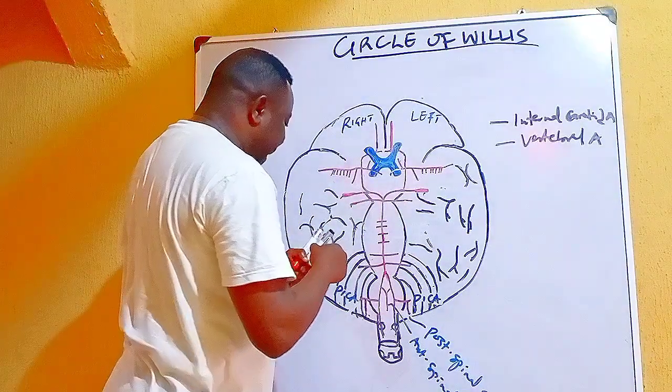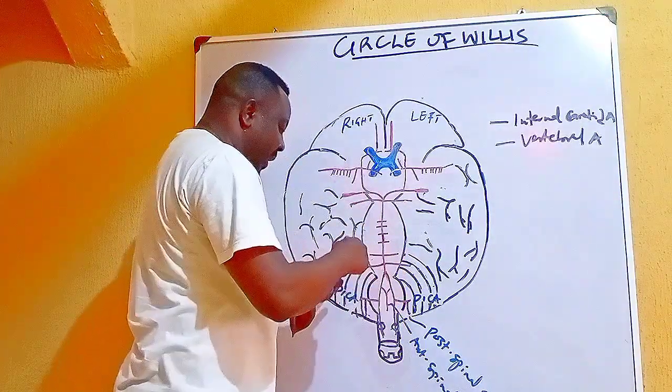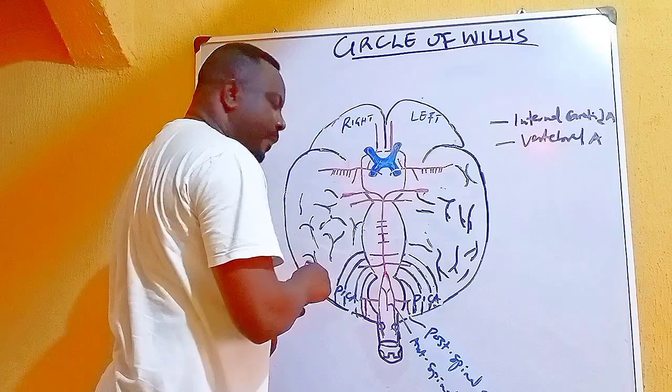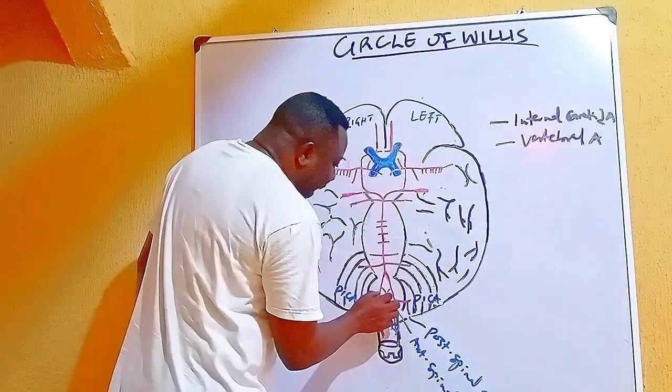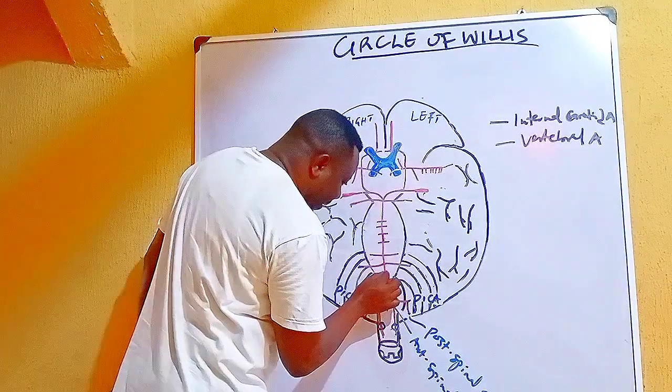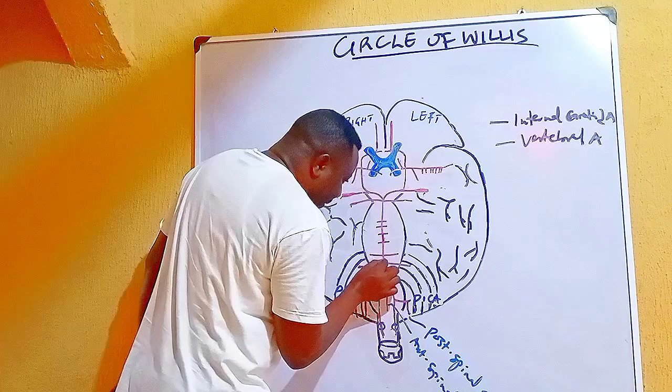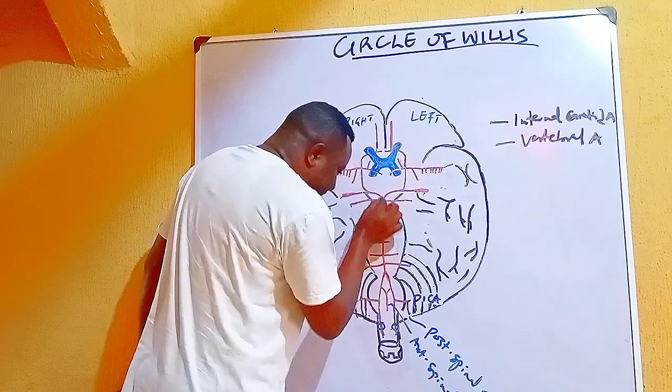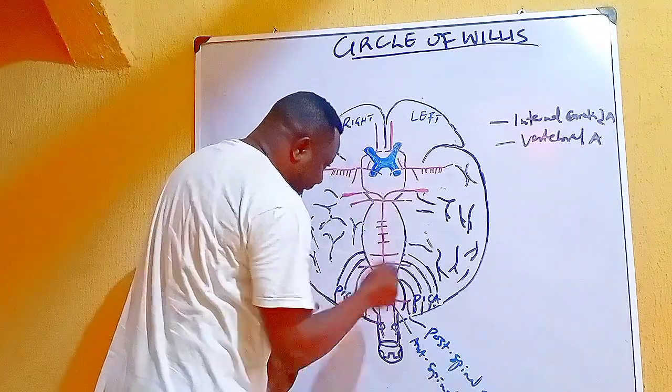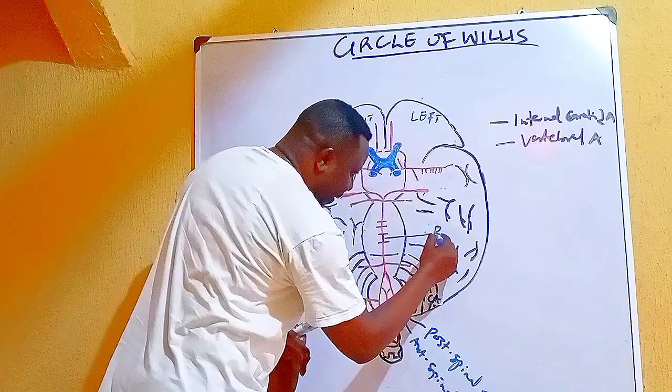The anterior spinal artery runs through the anterior median fissure of the spinal cord. The vertebral artery goes upward and unites to form what is referred to as the basilar artery.